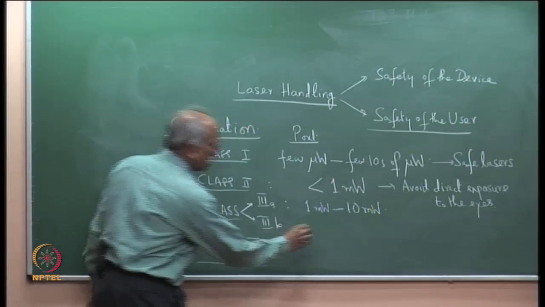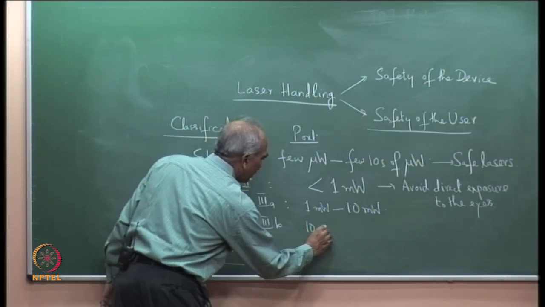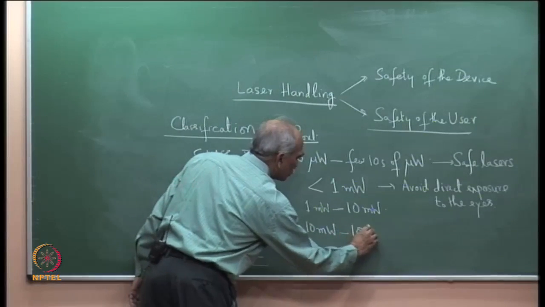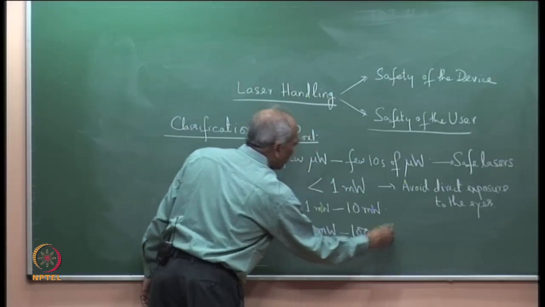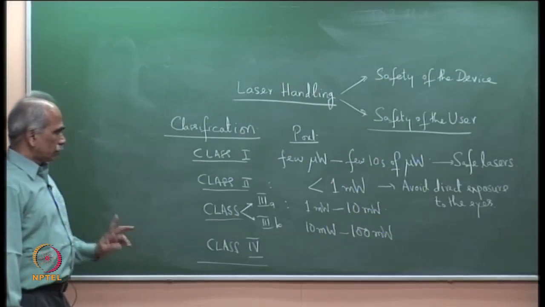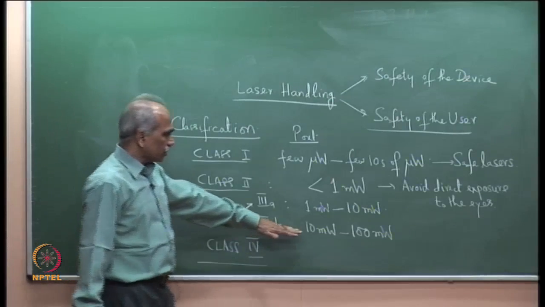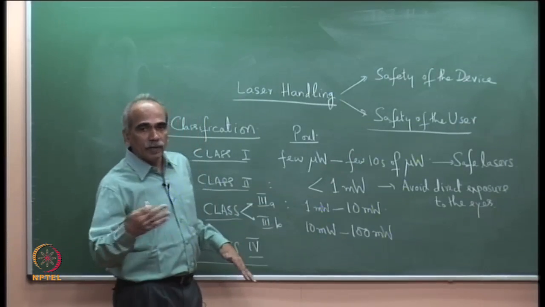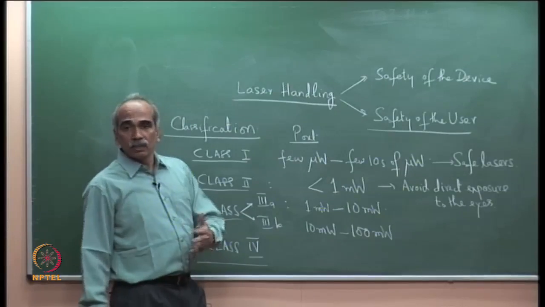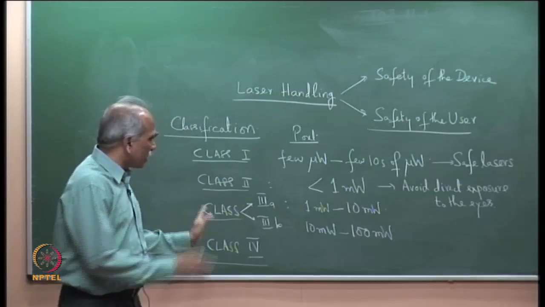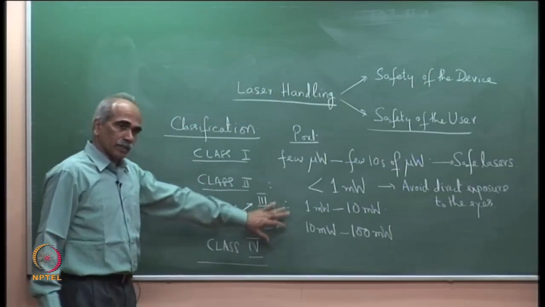Class 3B is typically 10 milliwatt to 100 milliwatt. Please let me make it clear that the numbers vary with the wavelength and the damage that a particular laser can cause.